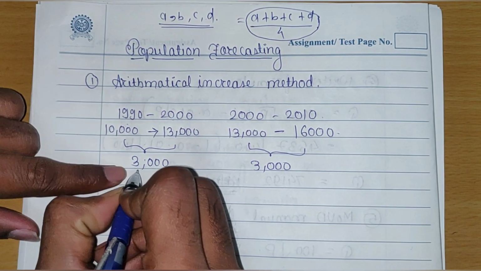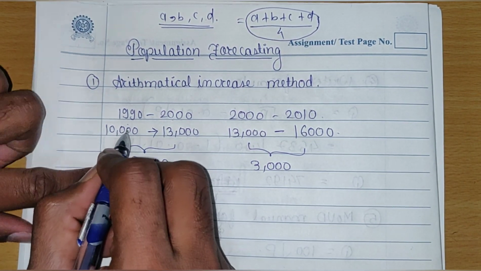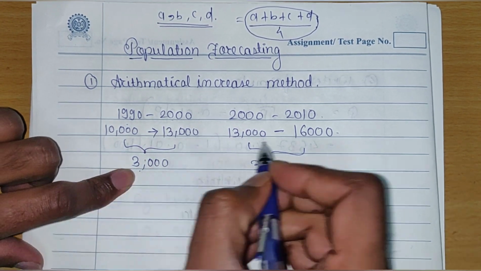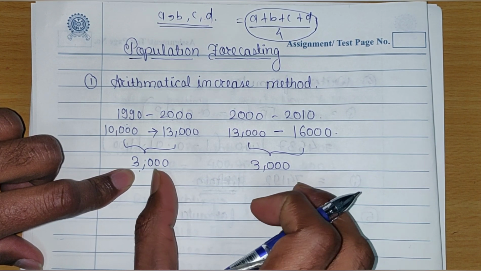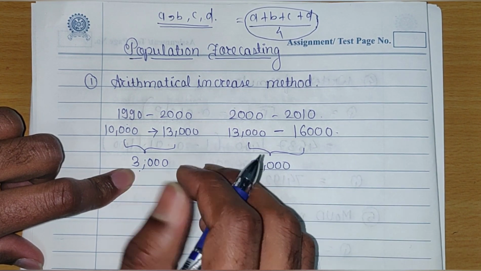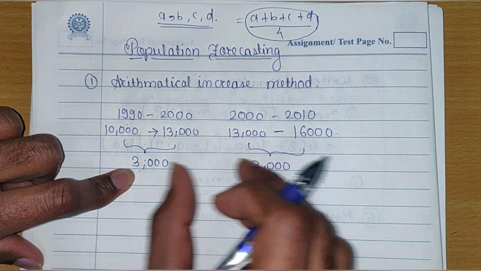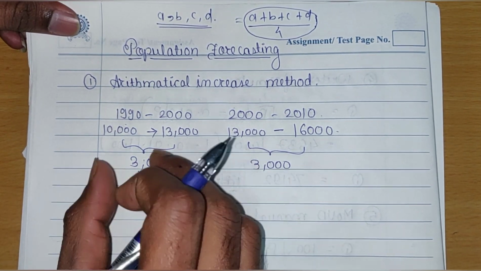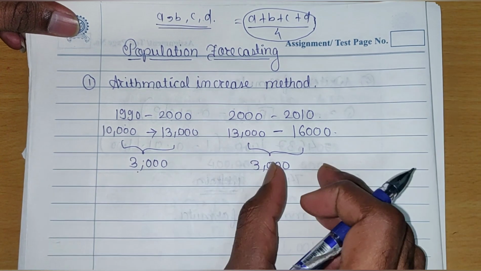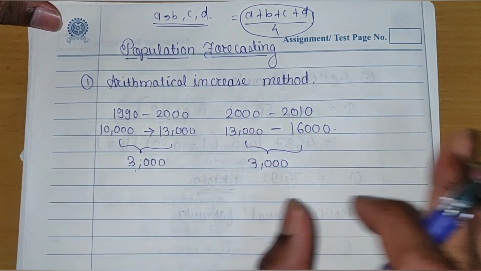Suppose the increase in this decade is 3,000 and the increase in this decade is 6,000. That means the difference in this decade is twice the difference in the other decade, which is not an equal value. In that case you cannot use this method.